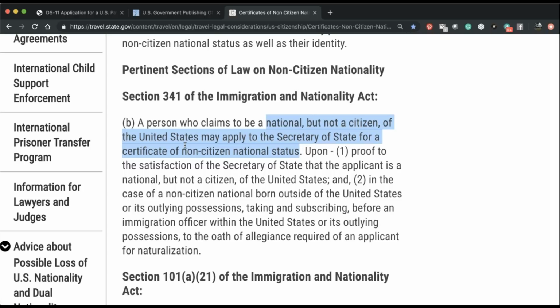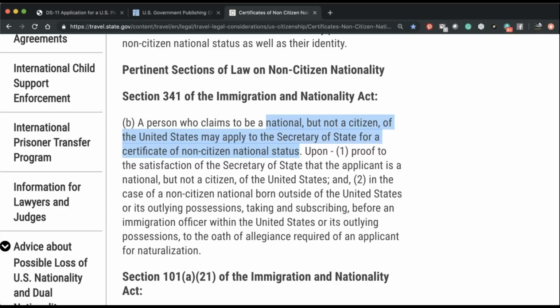They just told you that was a U.S. citizen. So what they're really saying is, apply for a passport and we're going to convert you to a U.S. citizen. They're really telling you that you are a national right out the gate. You're not a U.S. citizen. But when you apply the way they got the application set up and you don't do it correctly, you're going to be looked at as a U.S. citizen. You see?